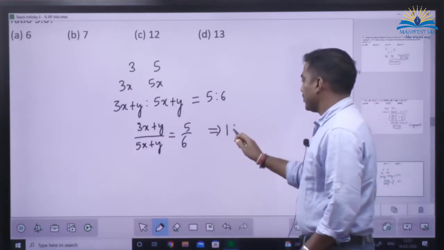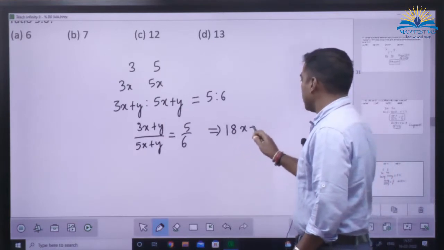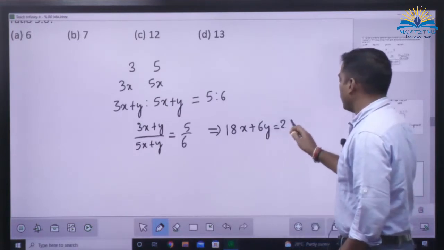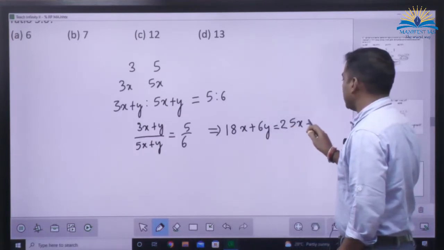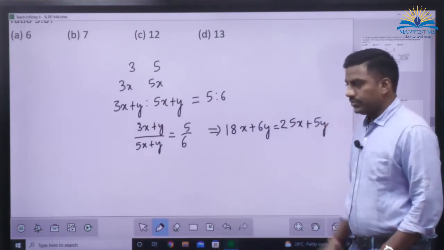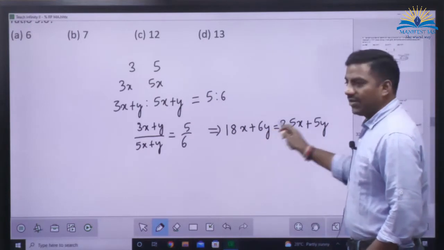Six threes are 18x plus 6y is equal to 25x plus 5y. 6y is here, 5y is here.